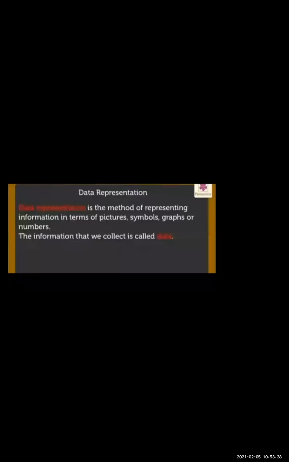Any data we have, whatever data is with you, you want to fill in a proper format. Clear? So what exactly does data mean? Whatever information is available with you, we call that data. Clear?